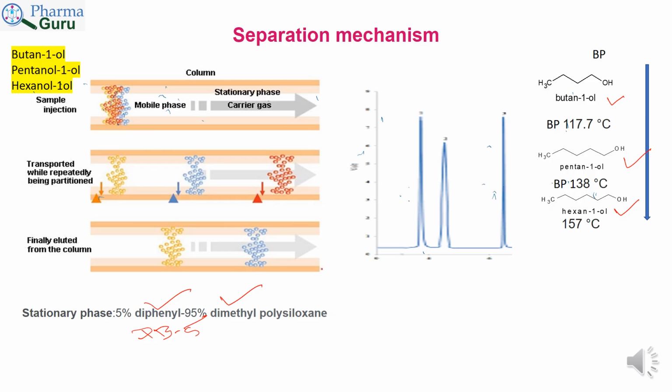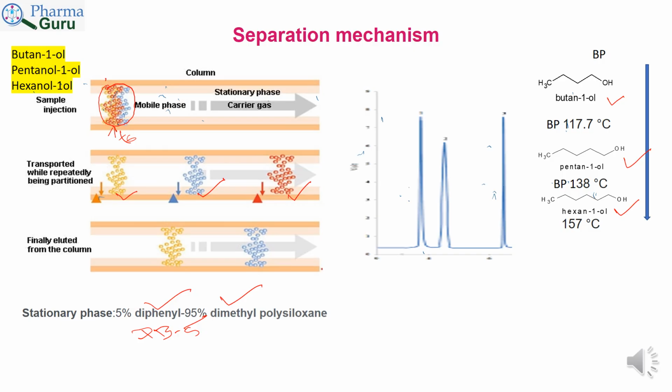When we inject the sample in GC, the positions of all components, butanol, pentanol and hexanol, will be at the same place at T0. After some time, what will happen? This is the position of hexanol, this is the position of pentanol, this is the position of butanol.